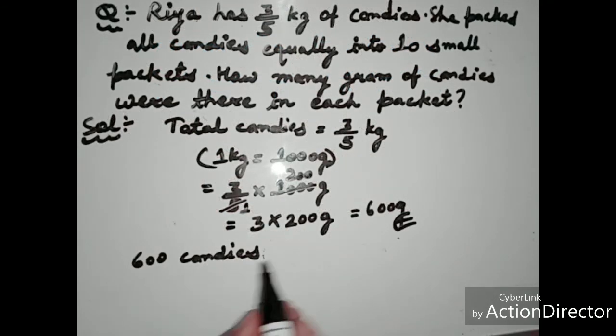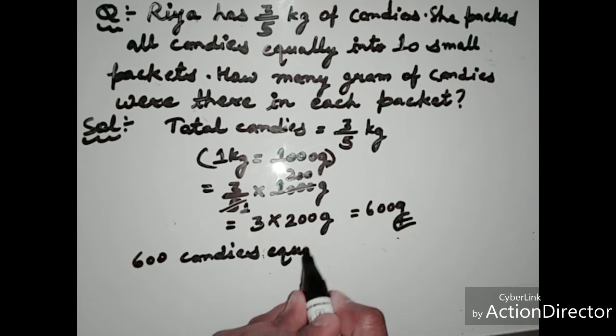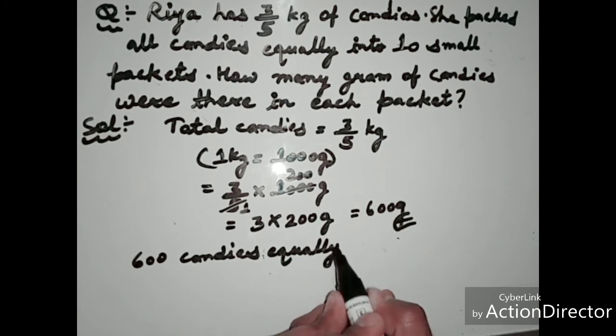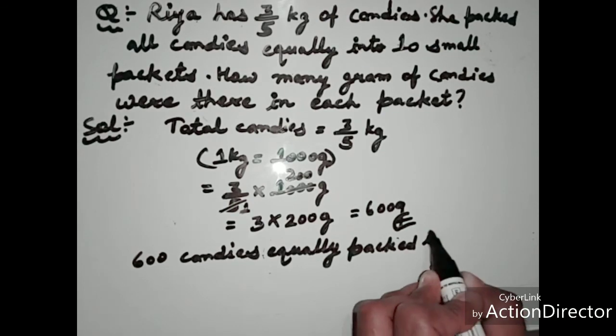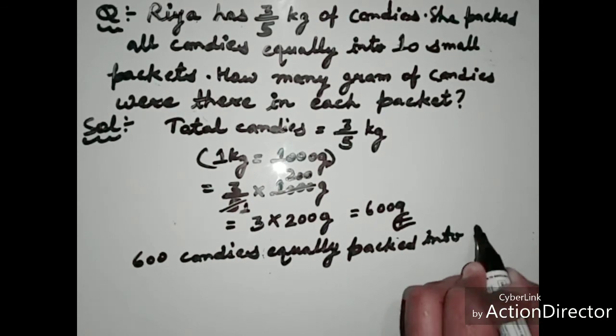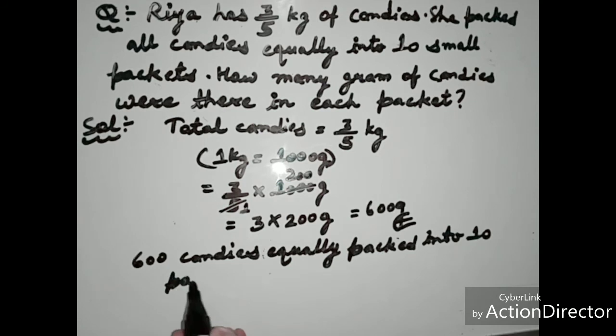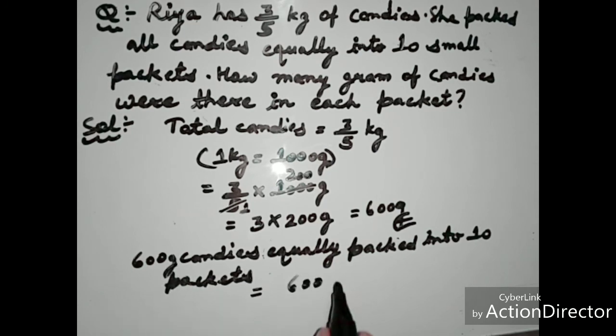Now 600 grams of candies are packed equally into 10 packets. So here we divide 600 gram of candies into 10 packets.